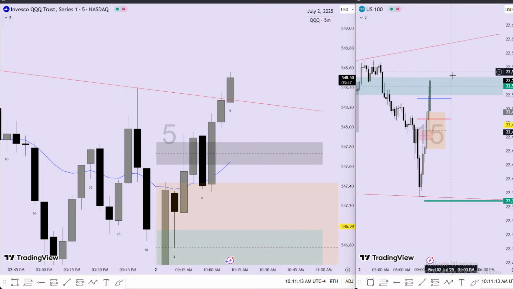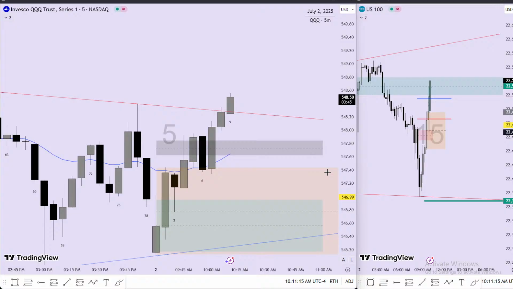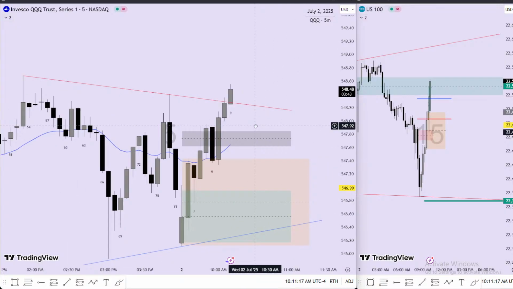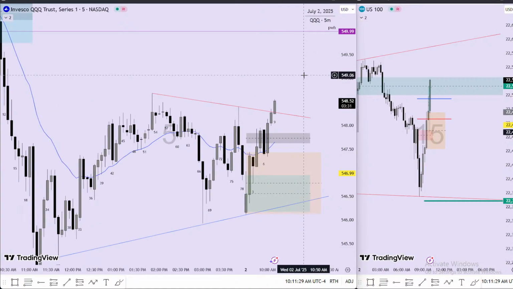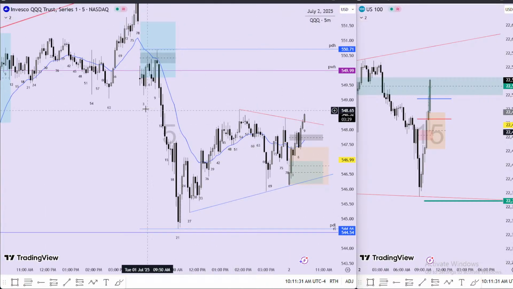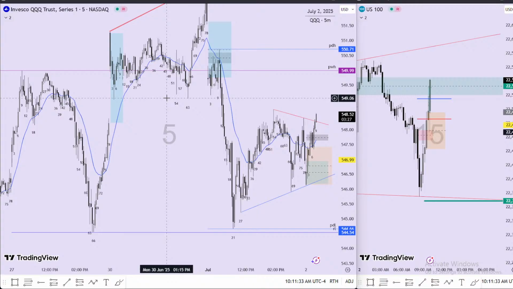567. That would give us a second leg of this move. First leg, second leg, and this can be the third leg with sideways price action for some time. Then we can retest this gap.